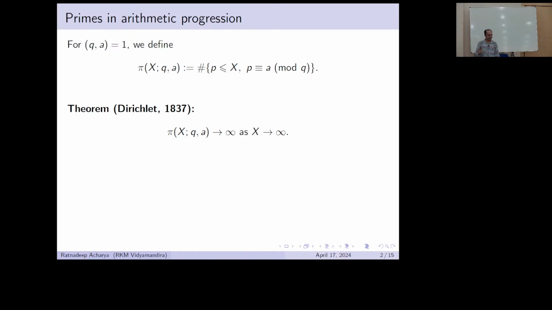For example, we can take q to be 4 and a to be 1 or 3. So we can think of pi(x; 4, 1) and pi(x; 4, 3).